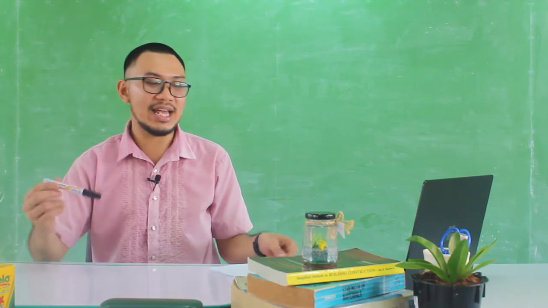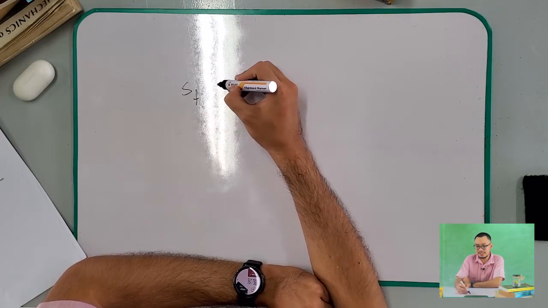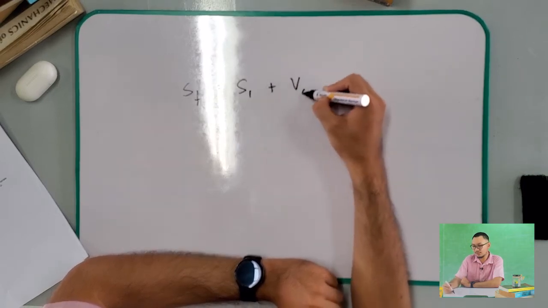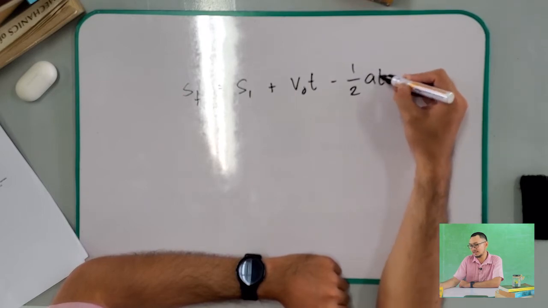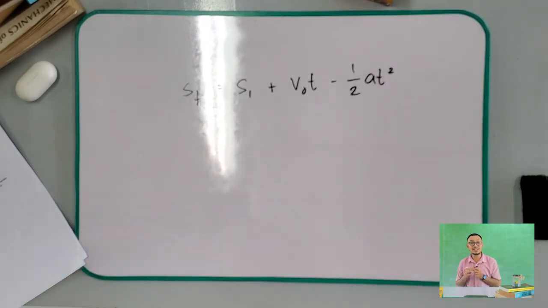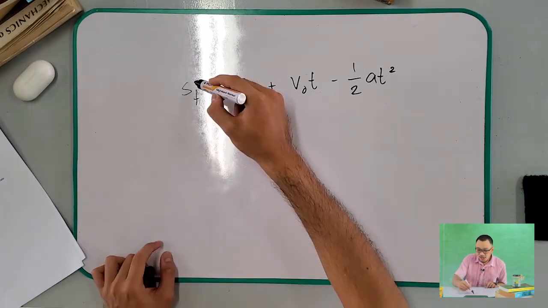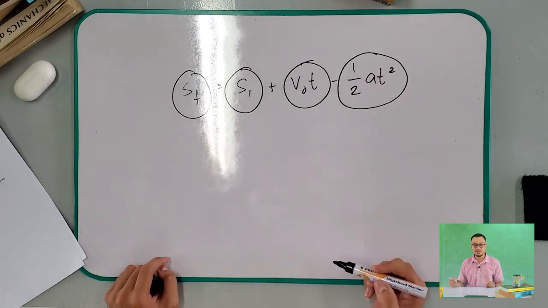So for example, I have this very common equation na atong gigamit sa physics. S final is equal to S initial plus V0t minus 1/2 at squared. I think you are familiar with this equation. So, all of these terms here are dimensionally homogeneous.